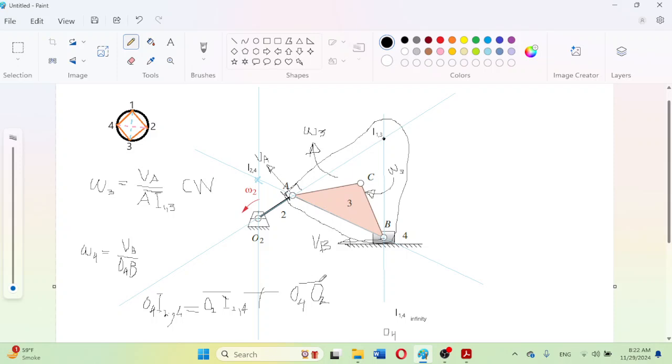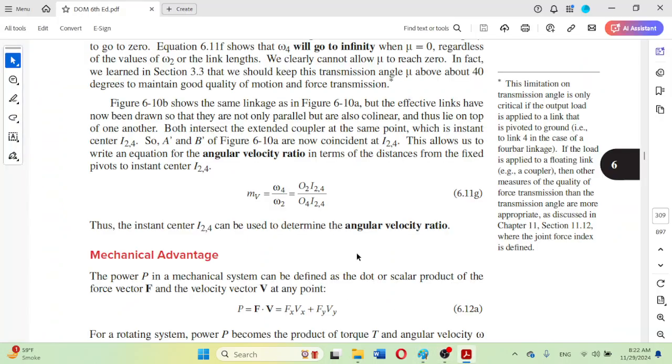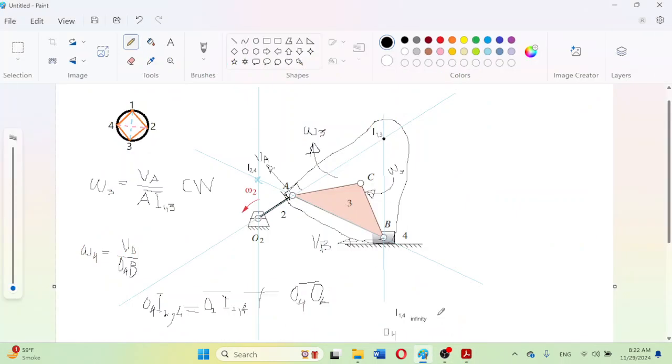As we can observe, O4 is at infinity, so the sum of O2 I2,4, this distance, plus O4 at infinity means O4 I2,4 will be located at infinity. So in the denominator there will be infinity. In a similar manner, the angular velocity ratio will be 0 using instant center 2 comma 4, which has been verified for the case of the offset slider mechanism, because this is the offset slider crank problem.